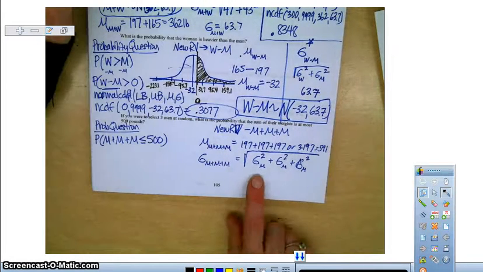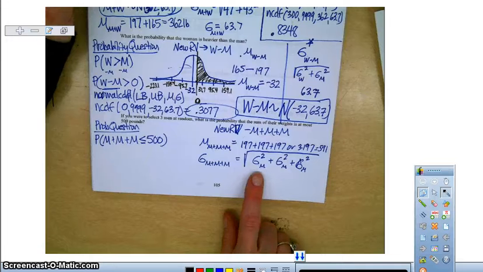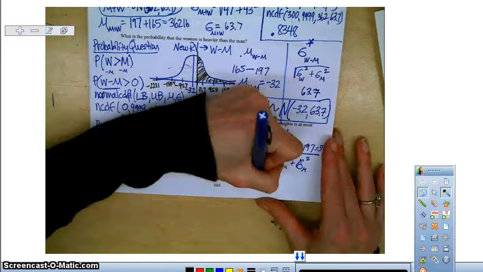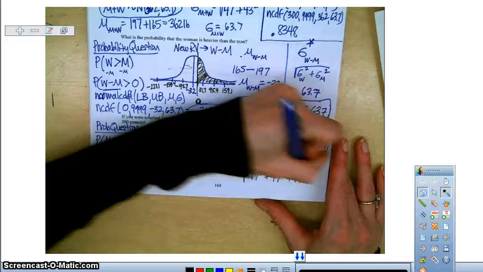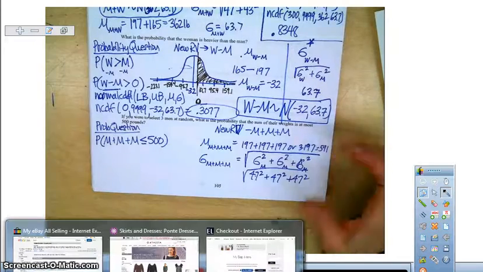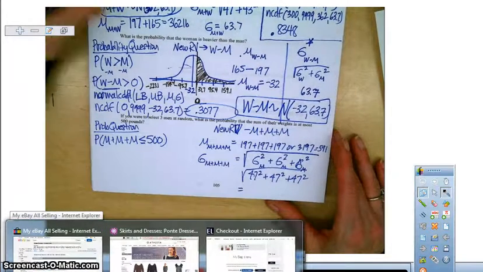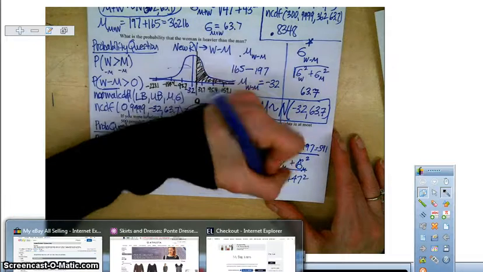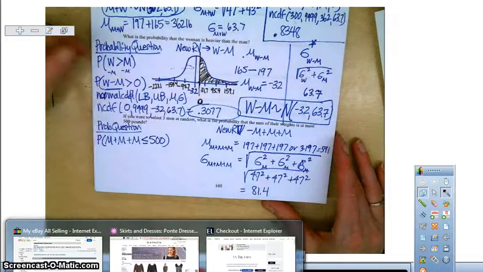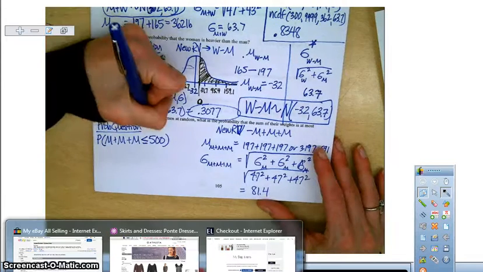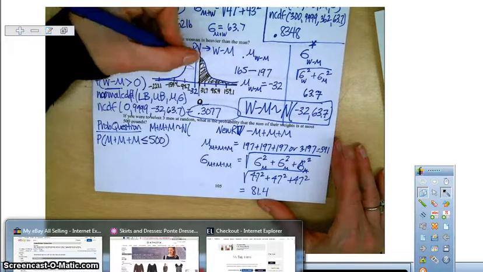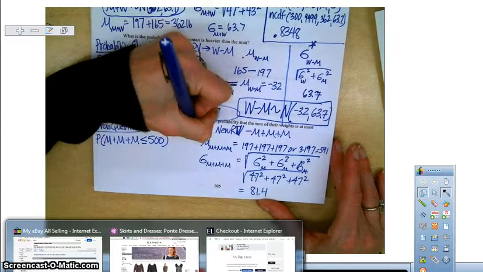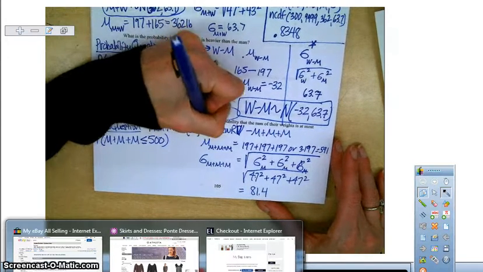No, just the variance of one man's weight. 47 squared plus 47 squared plus 47 squared, square root, and you were just giving me the final answer, weren't you? So what is the standard deviation? 81.4. All right, so my new random variable, M plus M plus M, is approximately normally distributed with a mean of 591 and a standard deviation of 81.4.